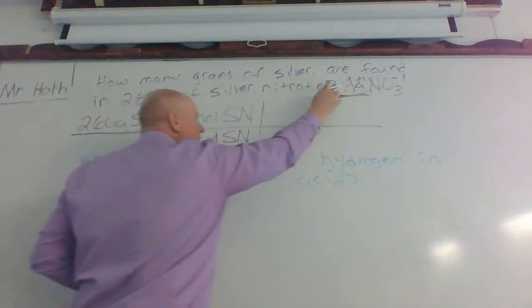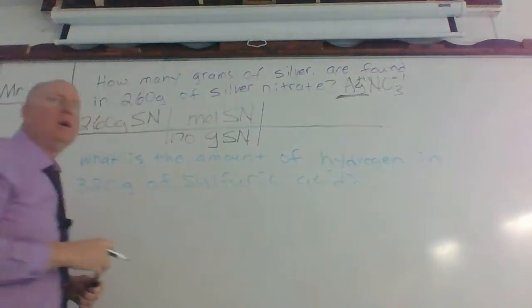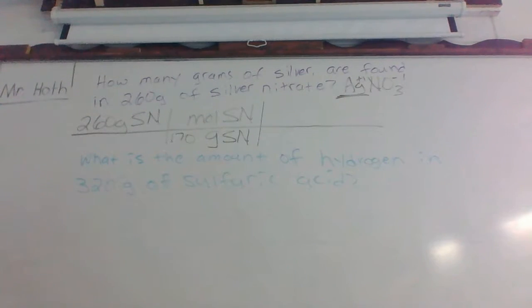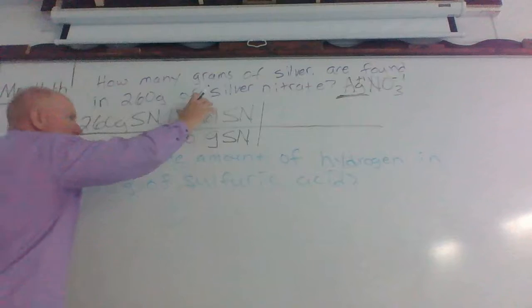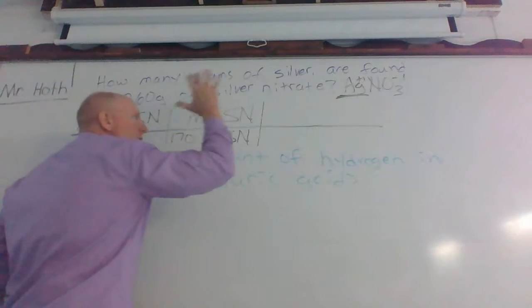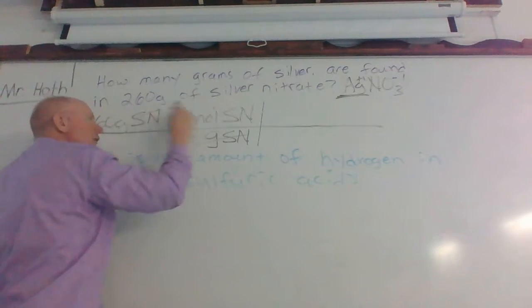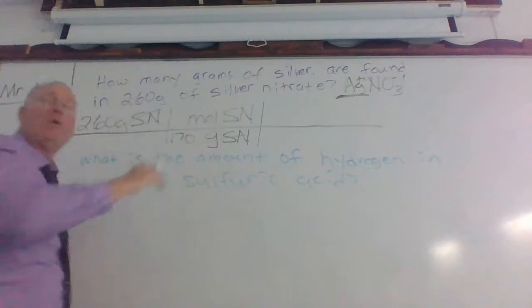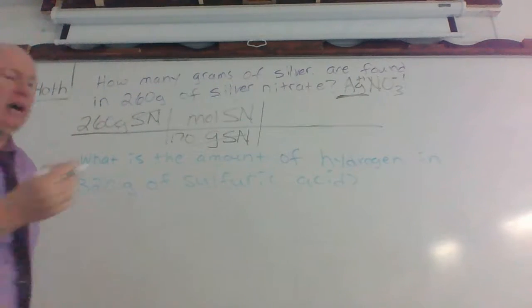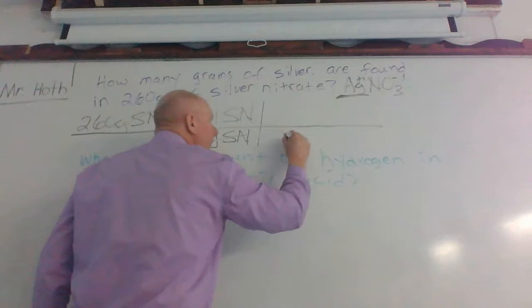We want just silver. So, what this step allows you to do, it's called mole ratio really, is cancel the substance that you have, which is silver nitrate. So in our next step, if we want this to cancel, where does that have to go in our next step? On the bottom. Okay?